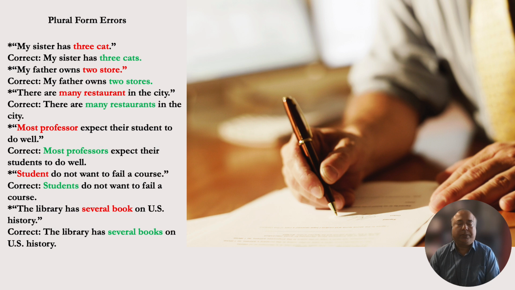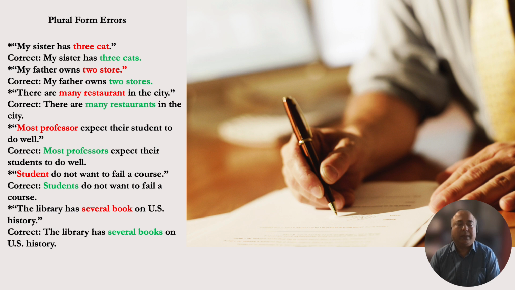Plural form errors. So in English, nouns that are counted or that can be counted, such as a cup or bottle, take an S, a plural S suffix. So an S is attached to it to indicate to the reader that there is more than one noun there. So "my sister has 3 cats."